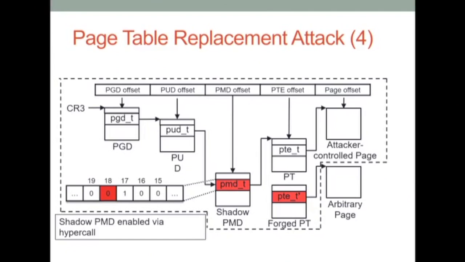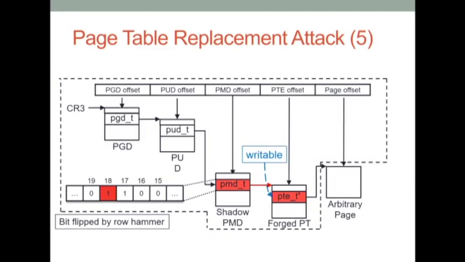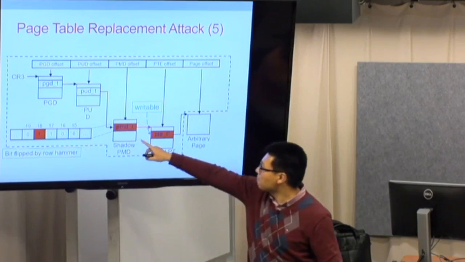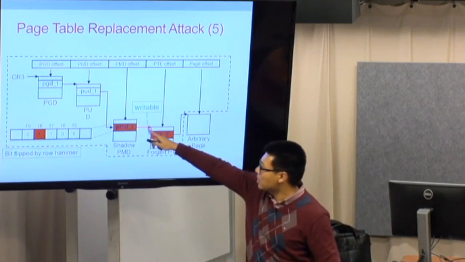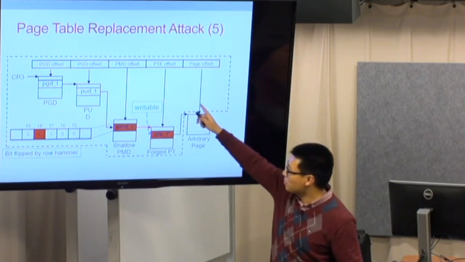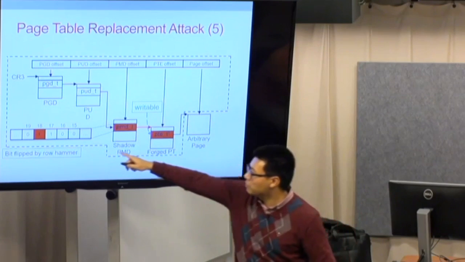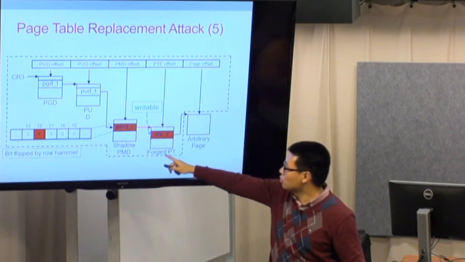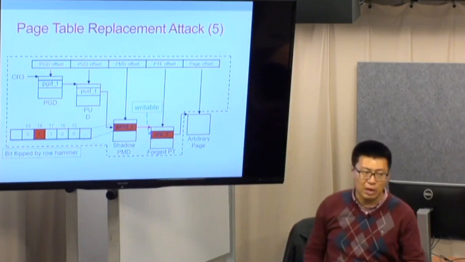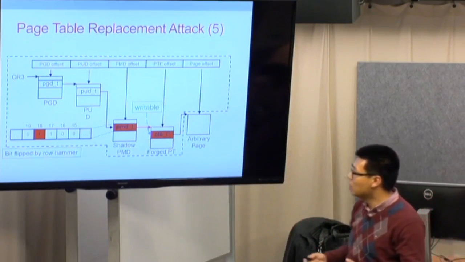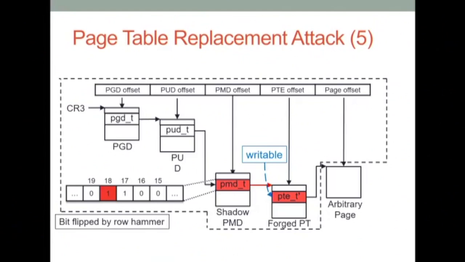The next step is to conduct the actual Rollhammer attacks here. After the Rollhammer attacks, the vulnerable bit will be flipped. Originally, the entry in the shadow PMD was pointing to the original page table, but because of the bit flip, it will be pointing to the forged page table. This process will not involve the hypervisor, so the hypervisor does not know the page table has been changed.